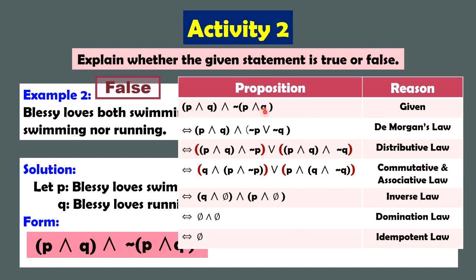And then, if you continue, we end up here. What does our null set symbol mean here? It means our original propositional form is logically equivalent to a contradiction, or to a fallacy. And what is a fallacy again? A fallacy is a statement which is always false. So this is another way to explain the example. Let's move on.